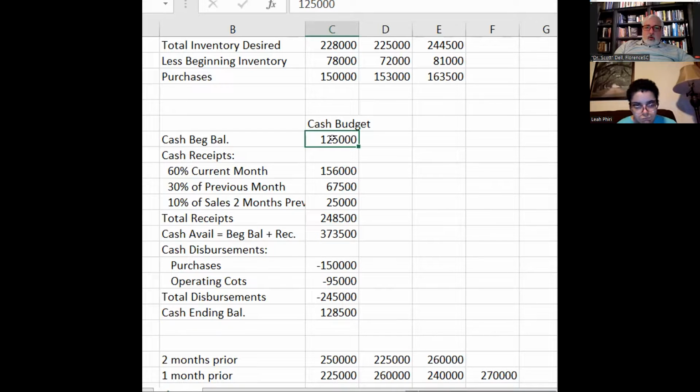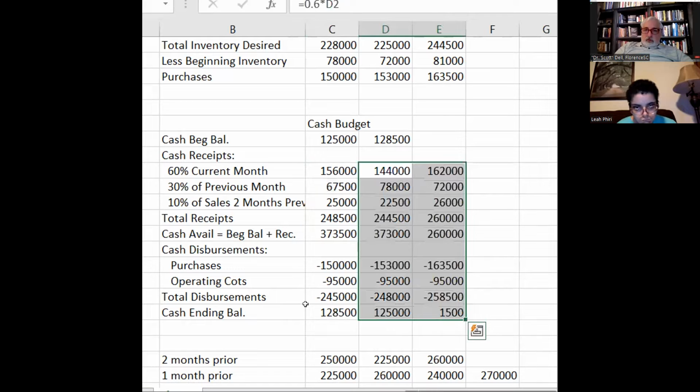And then cash beginning balance has to be that. Over here, also do this, copy this over.